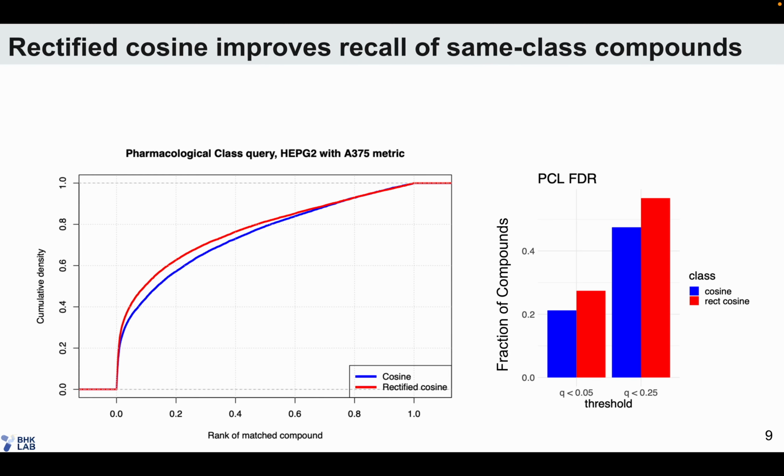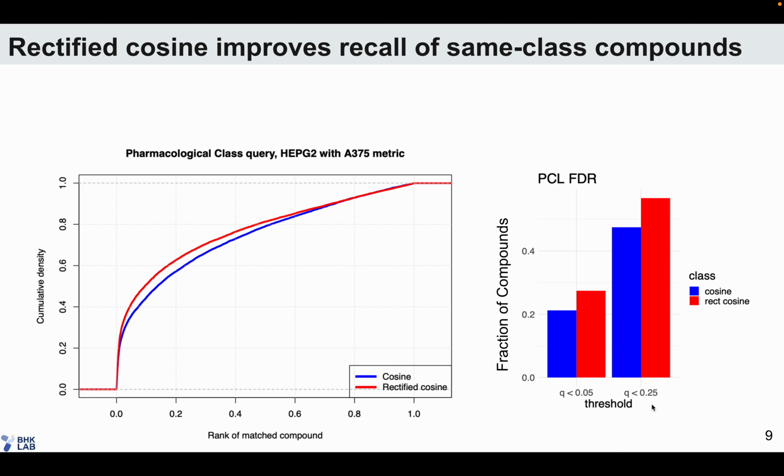So to provide another benchmark, I look at pairs of compounds that belong to the same class. So these compounds in the same class have the same mechanism of action, they might target the same genes or pathways. And what you see is that these weren't used in the training of the metric at all, but rectified cosine still shows an improved recall of same class compounds compared to cosine.